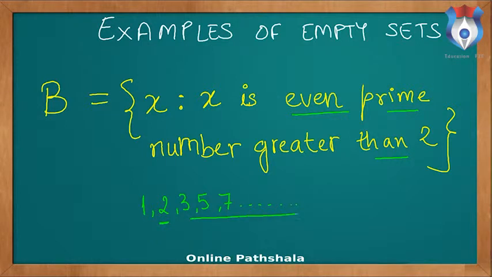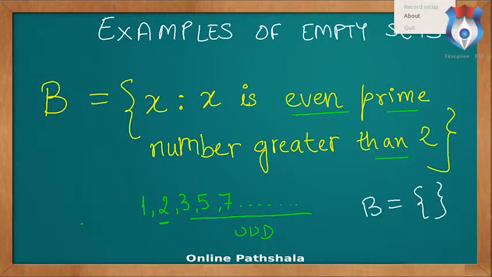All the rest of these prime numbers are odd. Therefore the set B is a null set. You can just write it as phi. It consists of no element because there cannot be any even prime number greater than 2. So in this video we discussed a singleton set and an empty set. We'll see you in the next session.